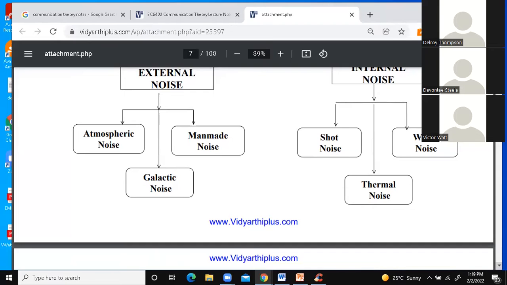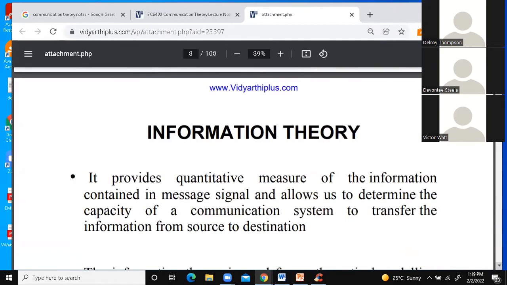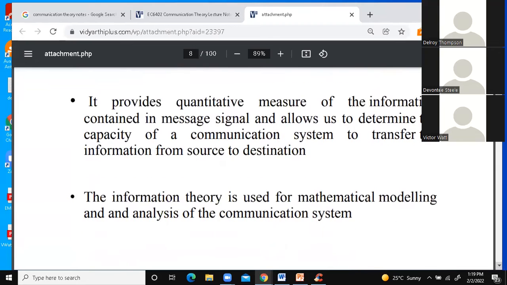Internal noise: shot noise, white noise, and thermal noise. And we will get into a definition of those in due course.